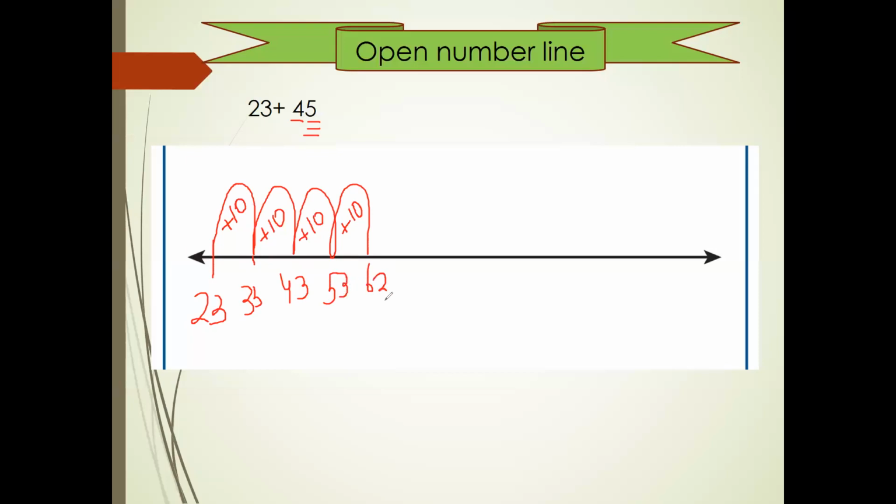So please check, can you do this? Because this is important for this strategy. So we added 4 tens. Now, how many ones do I need to add? 5. I jump 5 small jumps: 1, 2, 3, 4, 5.